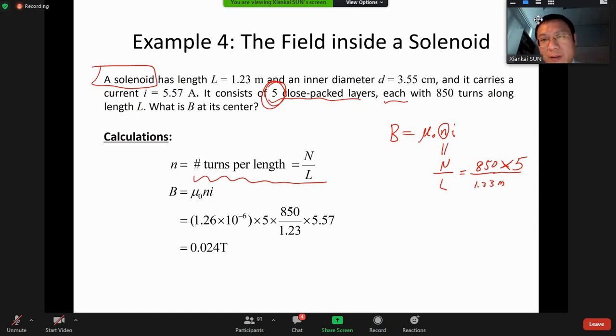Once we figure that out, the rest is quite straightforward: mu naught times small n times I, where I is the current. Once you substitute all these numbers into the formula, you finally get B equal to 0.024 Tesla.